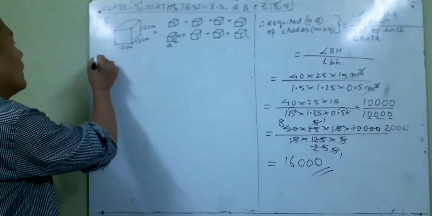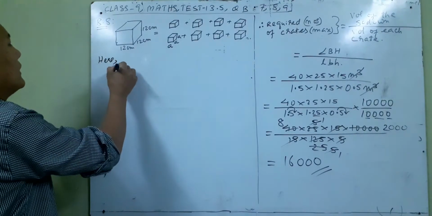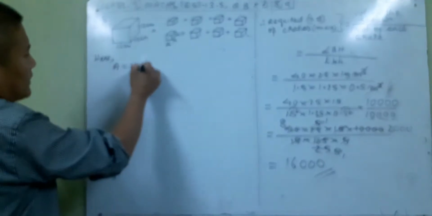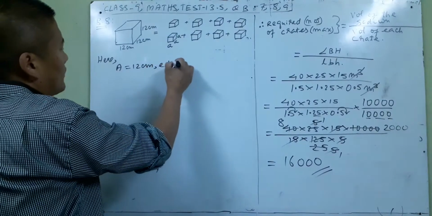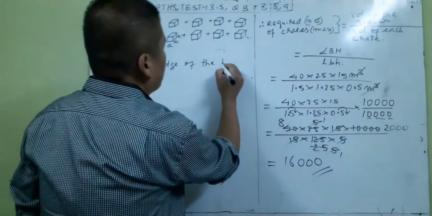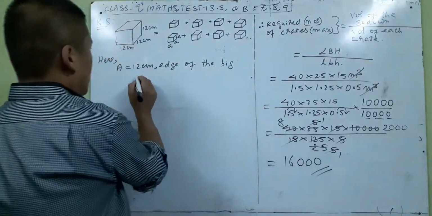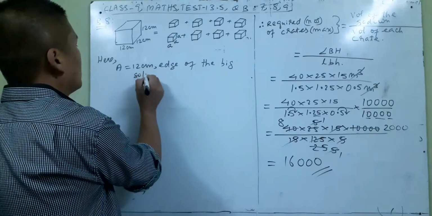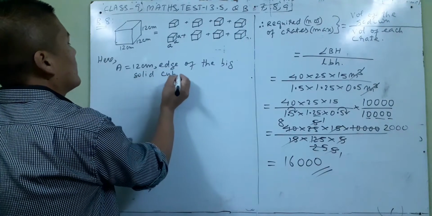So here, as we read the question very clearly, let us denote capital A equal to 12 centimeter is the edge of the big, let us say big solid cube. Let us just say like that.